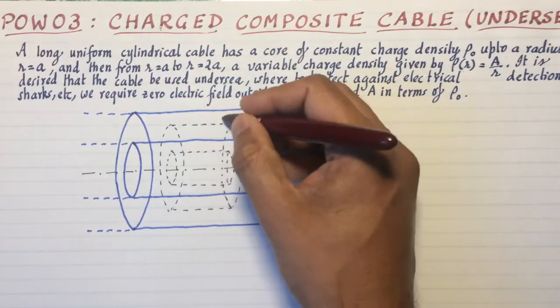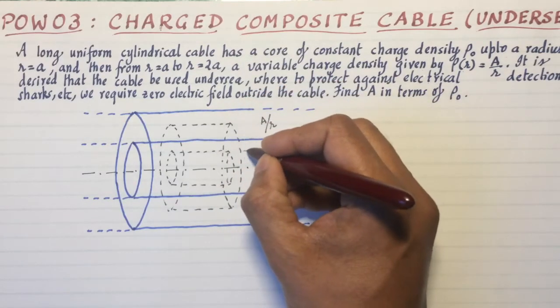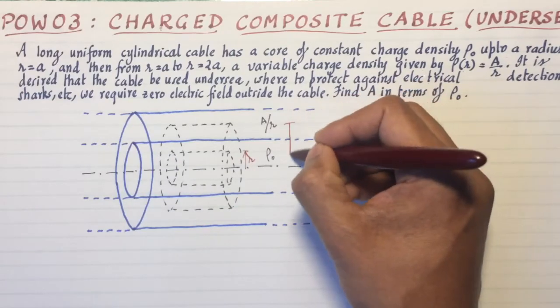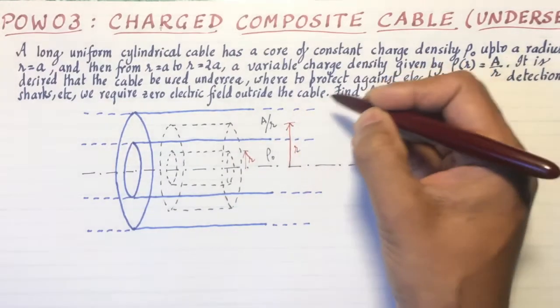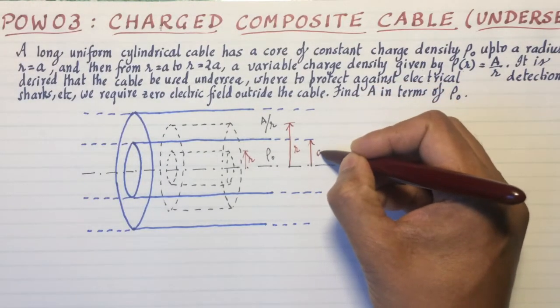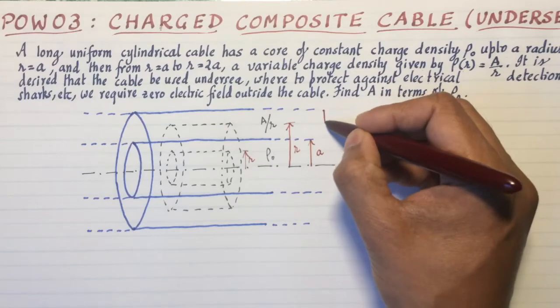So these Gaussian surfaces are all indicated by the standard variable r. You don't distinguish them with further variables like r1 and r2. These cable dimensions are a and 2a.